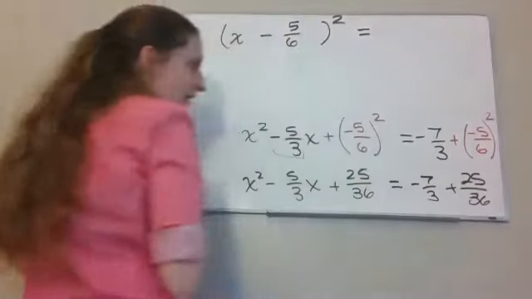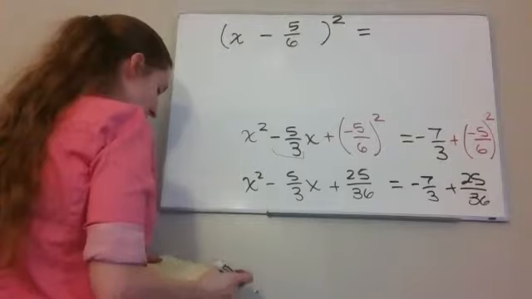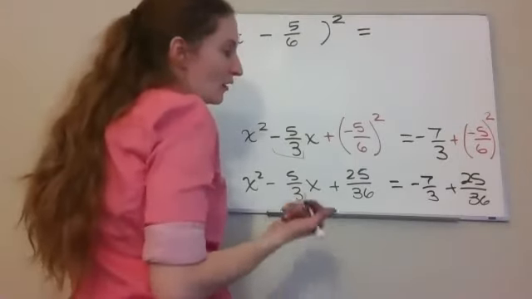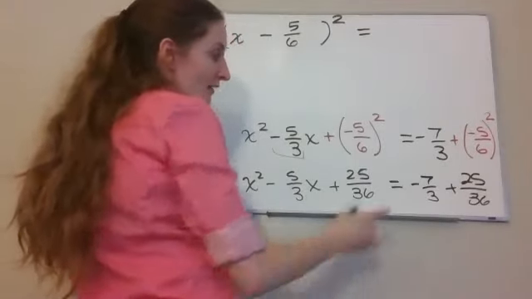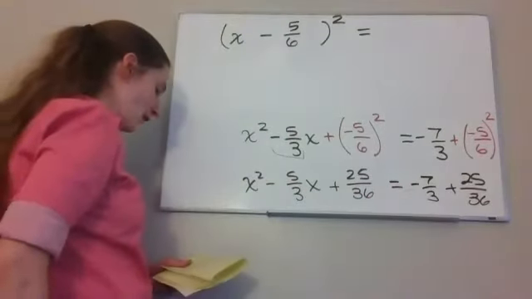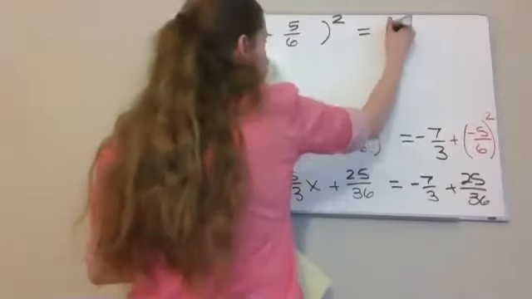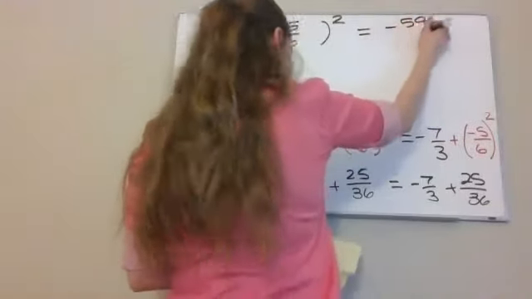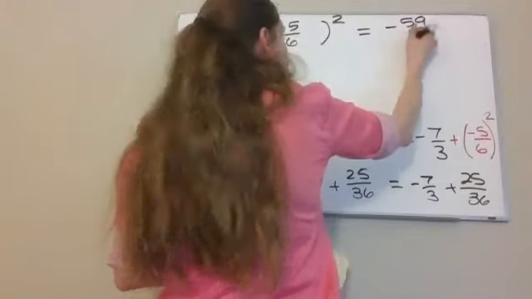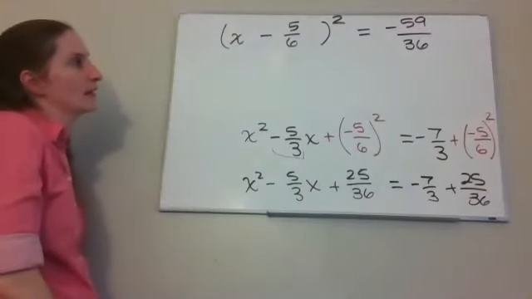Now this right-hand side, in order to add those fractions, I need a common denominator. So it's going to have to be a common denominator of 36. That means I need to multiply this guy by 12 over 12 and then add them together. When I add those fractions together, I will end up with negative 59 over 36.